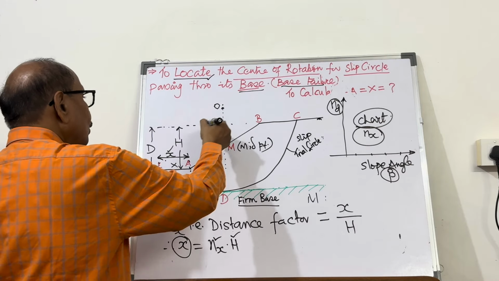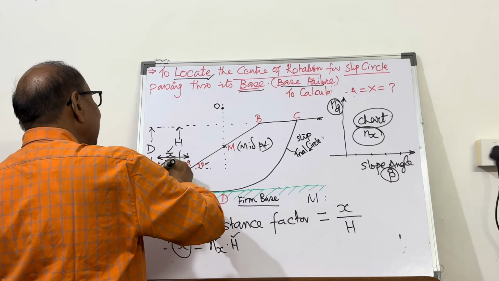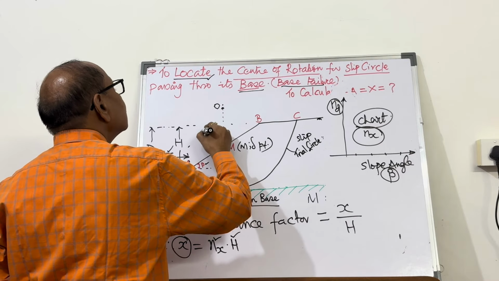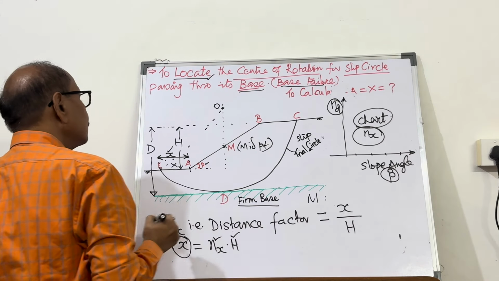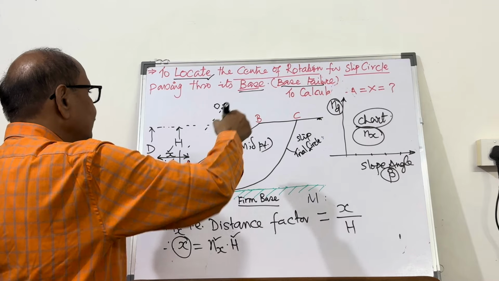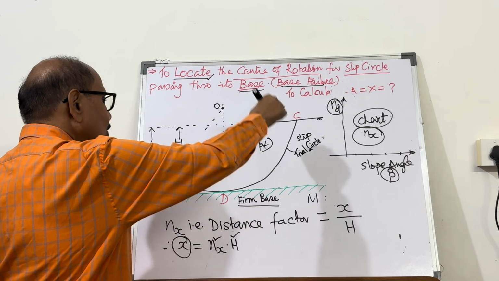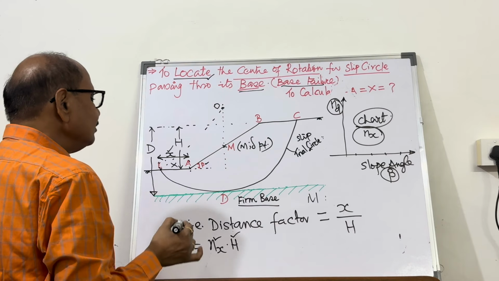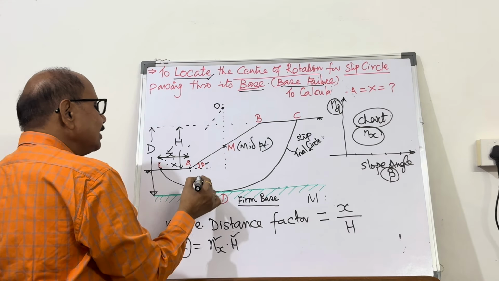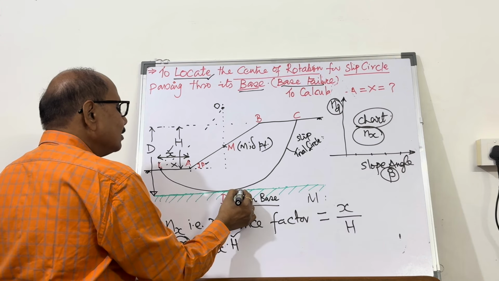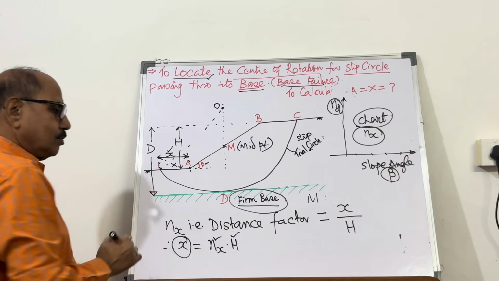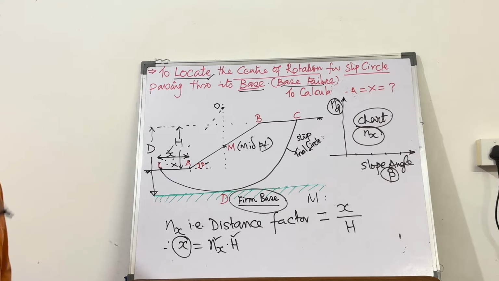Now, taking OE as the radius, you can draw a trial slip circle. What is the condition? The condition is this slip circle must be tangent to this firm base. This you must take care of.